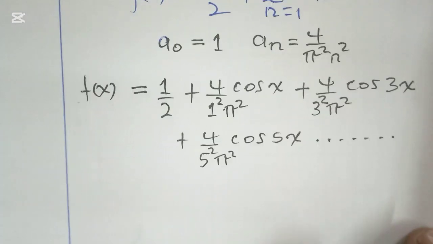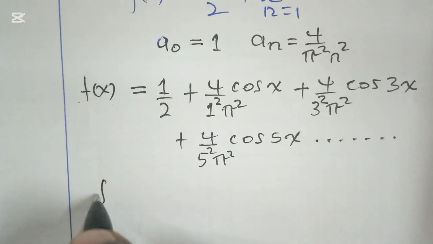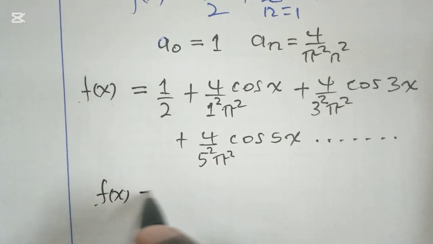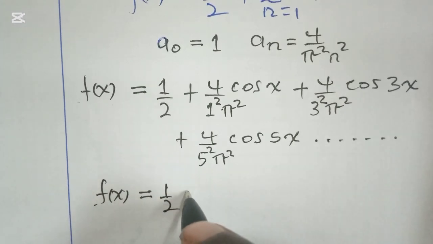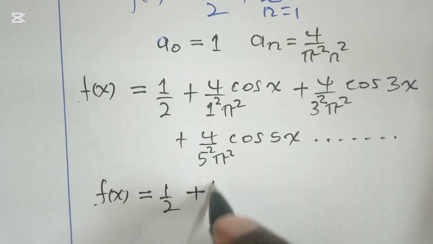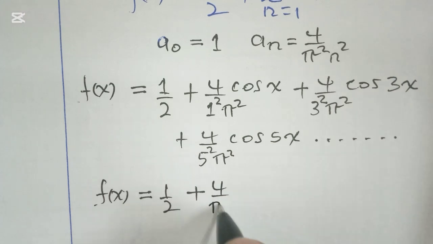And so to simplify that, you'll have f(x) equal to a half, plus you can factor out 4 and pi squared.